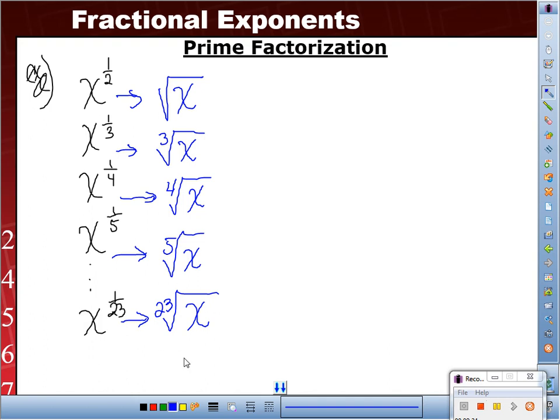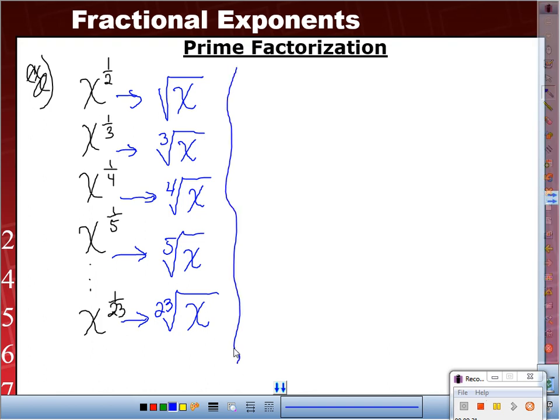Okay? So, now, how does this look with numbers? Draw a line down like this. I'm going to use numbers. 9 to the 1/2. So, before I write that, look up. Who notices that all of these have indexes? You can see them.